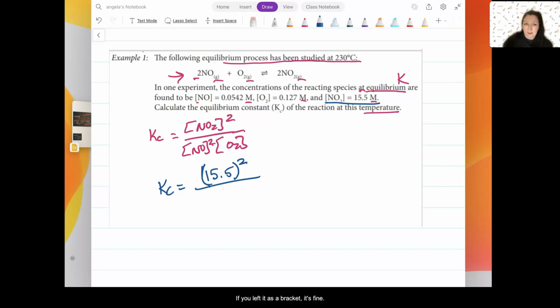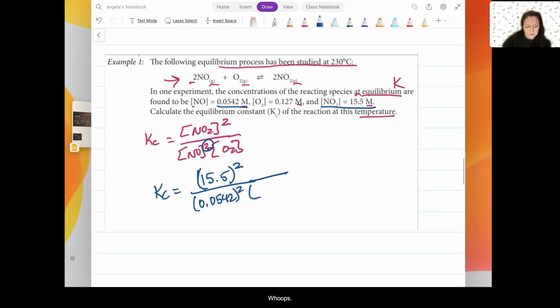If you left it as a bracket, it's fine. If you don't know, leave it as a bracket because it's concentration. That makes you feel better because you're not sure. Then I have this one, 0.0542, and it is squared, times O2, this one, 0.127.